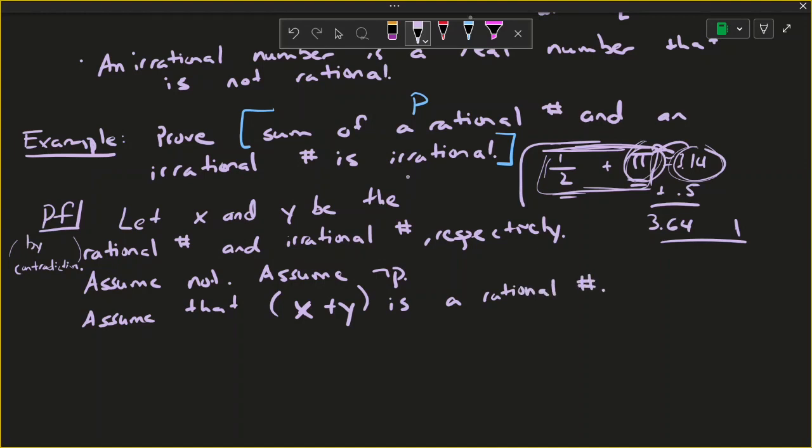Remember, P, that blue statement, is the sum of a rational number and an irrational is irrational. So not P would say that this has to switch to rational.